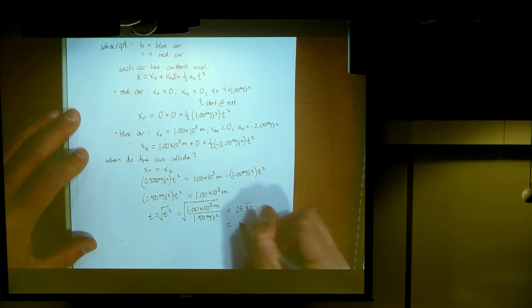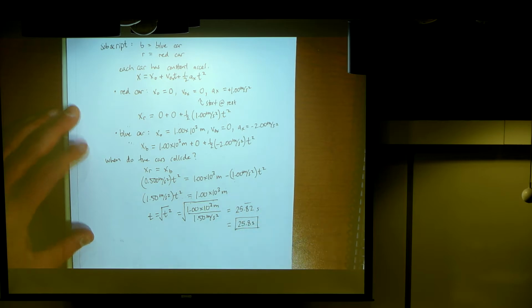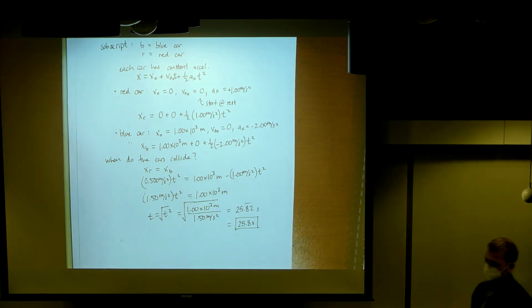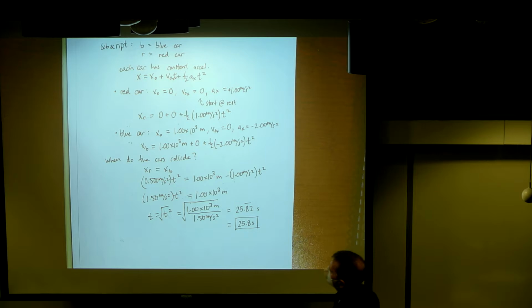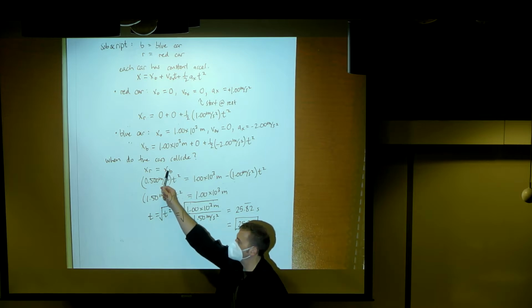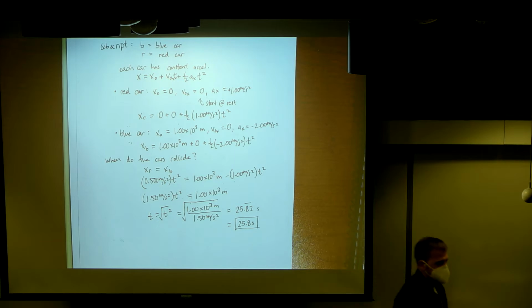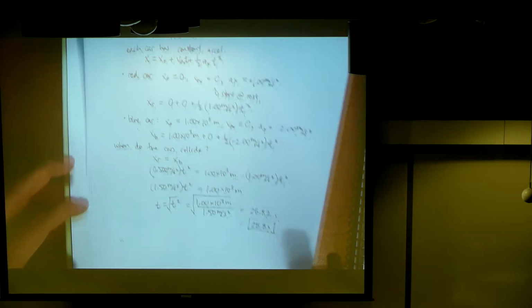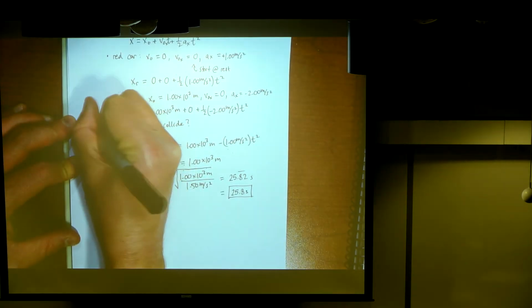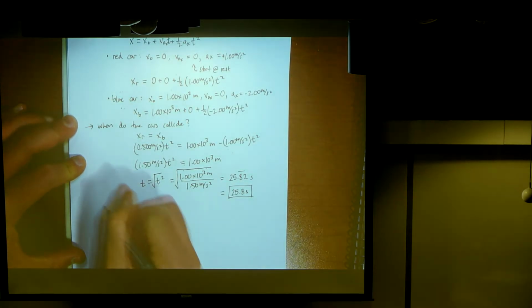And that'll be a nice 25.8 seconds. So that's how long it will take before the cars meet each other, okay? Remember, this is the really important part. When two objects meet at the same location, their x values are the same, okay? So that answers the first part, when do the cars collide?